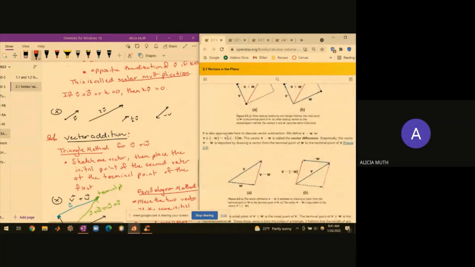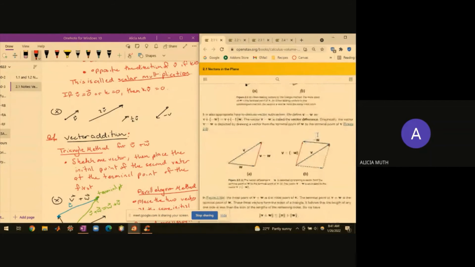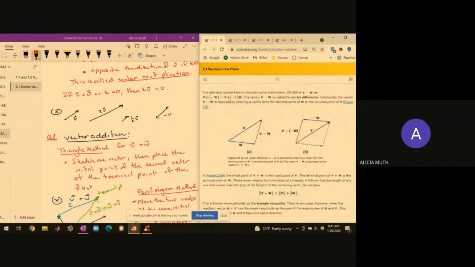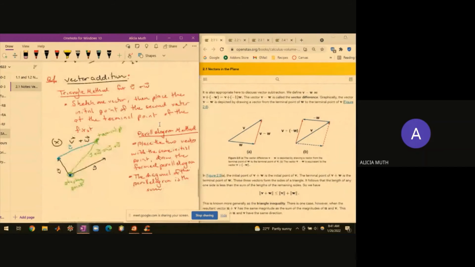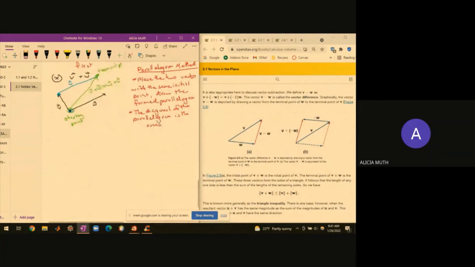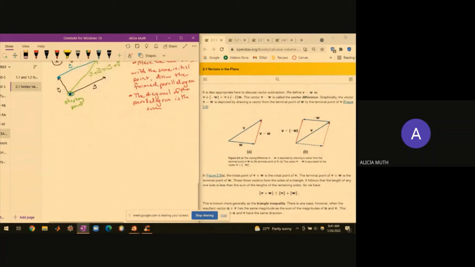It also is appropriate here to discuss vector subtraction. So we define v minus w as v plus negative w, or v plus negative 1 times w. So the vector v minus w is called the vector difference. And so graphically, we're going to draw the vector from the terminal point of w to the terminal point of v. Okay.